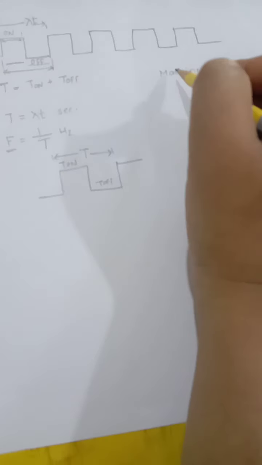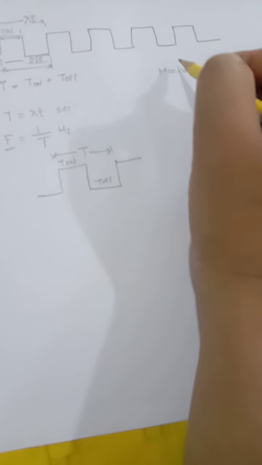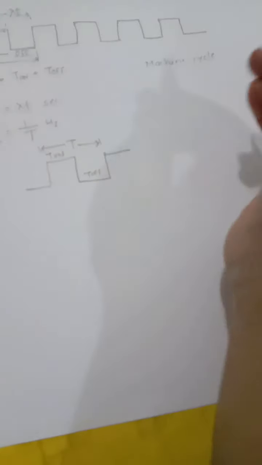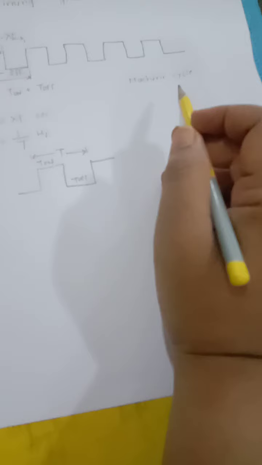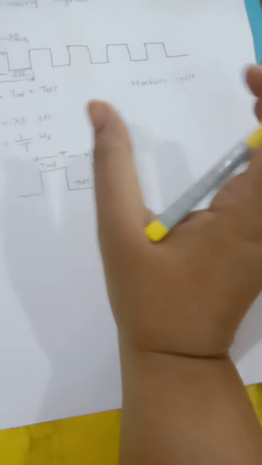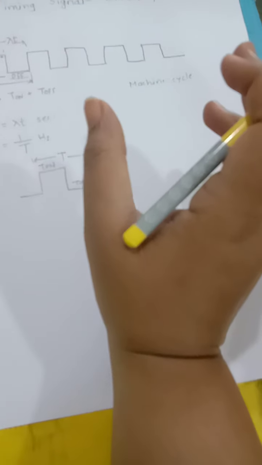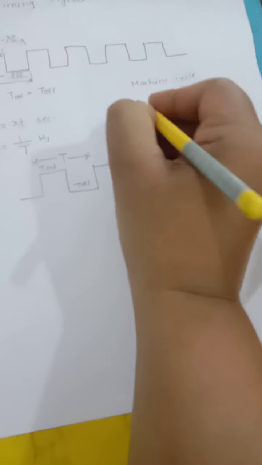If we combine such machine cycles, some instructions may require a single machine cycle, or they may require two or three machine cycles. When we combine all the machine cycles utilized by the processor to execute a complete instruction, they are called the instruction cycle.